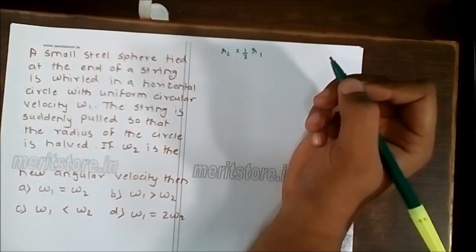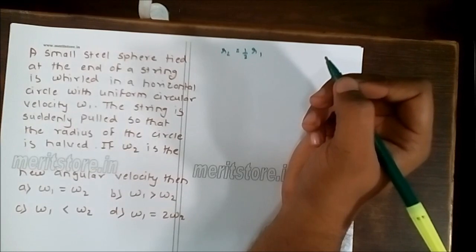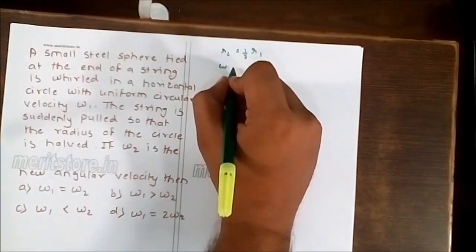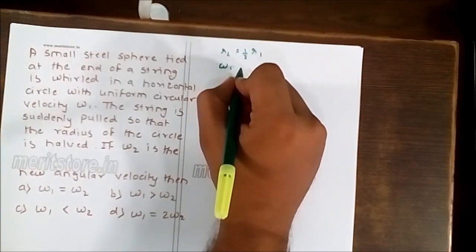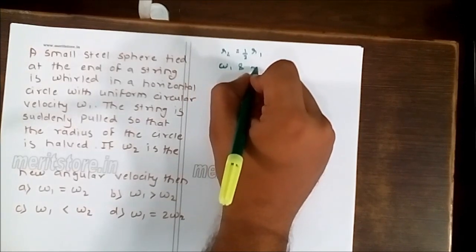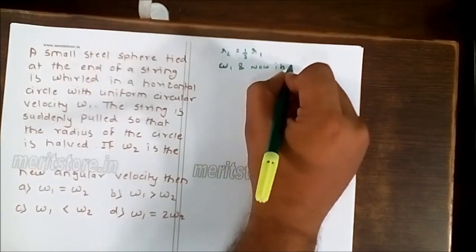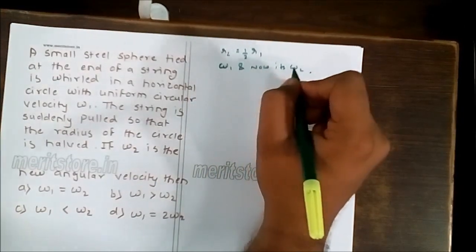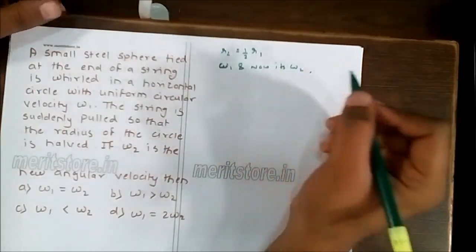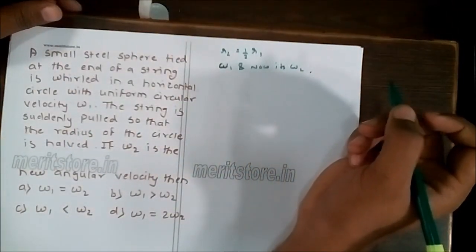If omega 2 is the new angular velocity, then initially it was omega 1 and now it's omega 2. We need to establish a relation between omega 1 and omega 2.